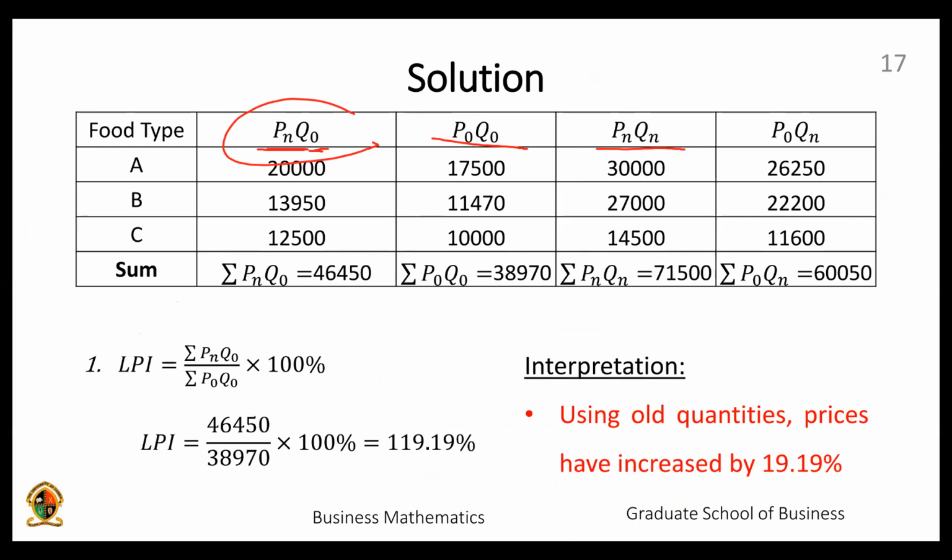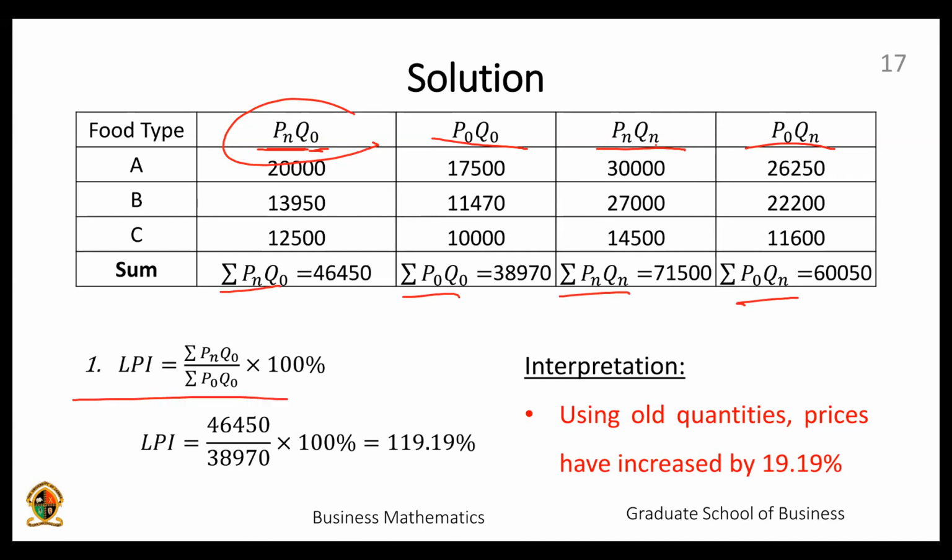The column for the prices of the new period times the quantities of the new period, where the new period means 2012. Then here we are talking about the prices of 2011 times the quantities of 2012. You sum up everything, you have these parameters, and then you substitute into the formulas.